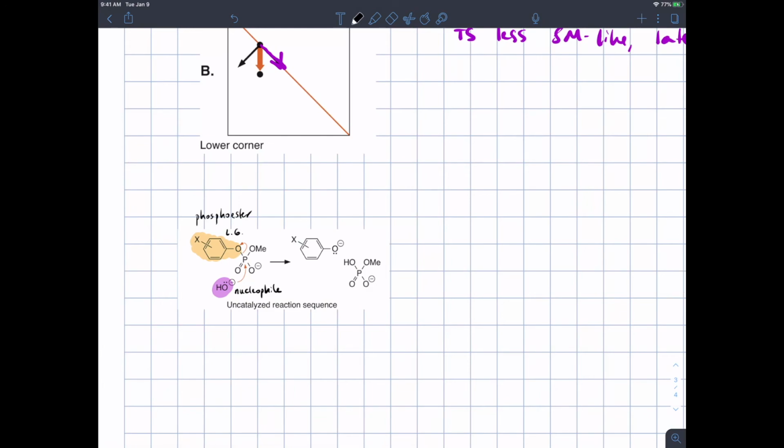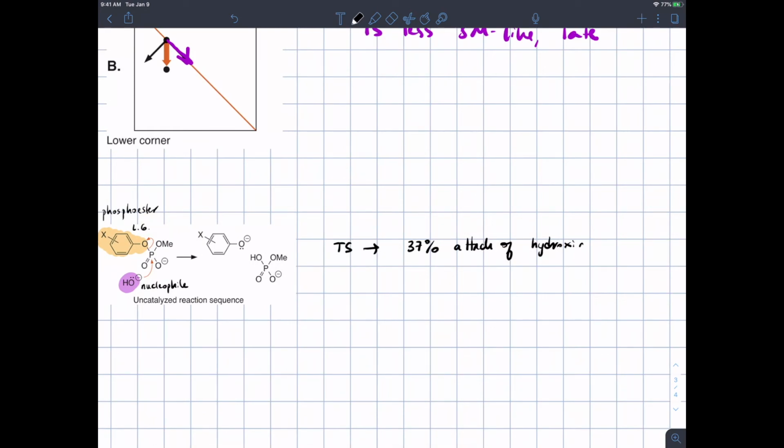And one of the things that they observed was that in this uncatalyzed reaction, the transition state involved, let's see what they said, about 37% attack of hydroxide. I believe that's how they interpreted it. Wait, sorry, I think I got that wrong.